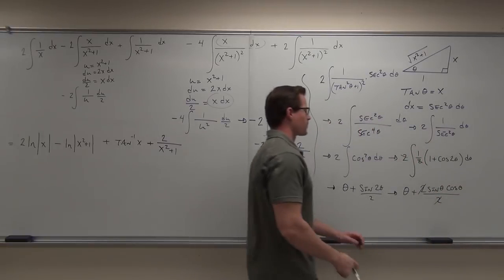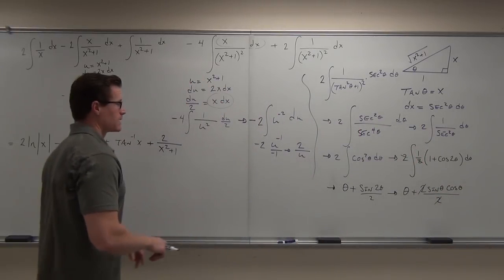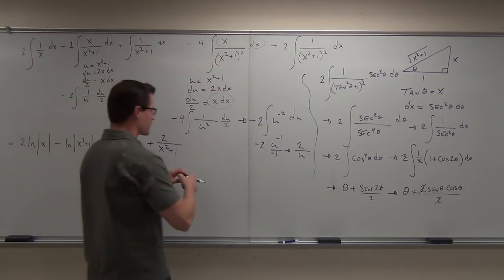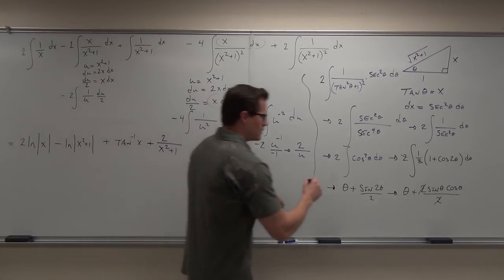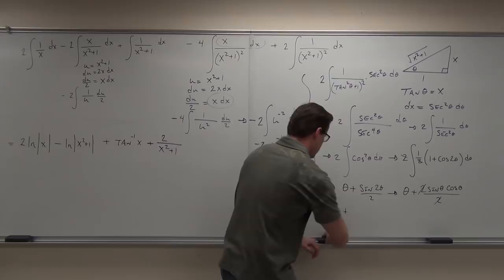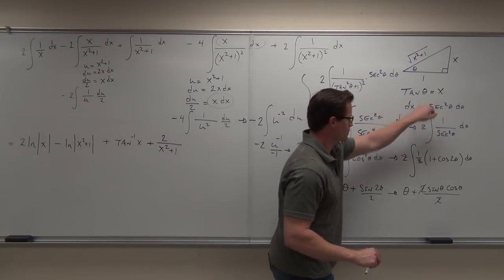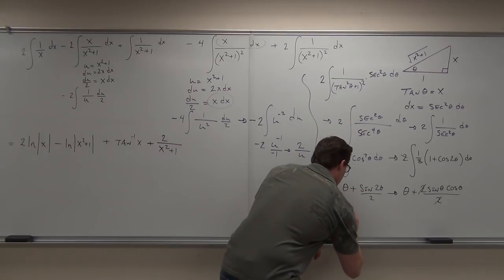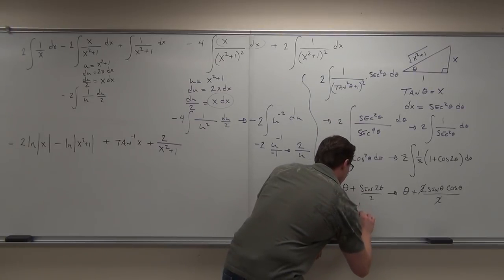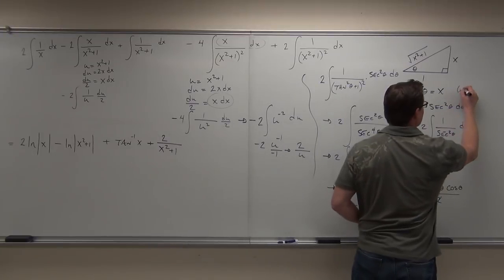2's are gone. Now we need to change everything back again. So I'm going to do that over here. Once I get this. If tan theta equals x, then theta equals tan inverse x.